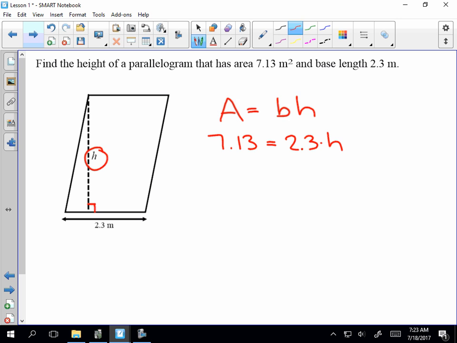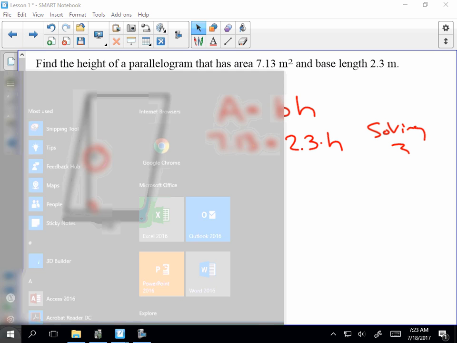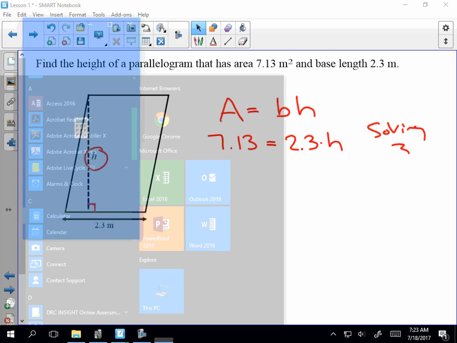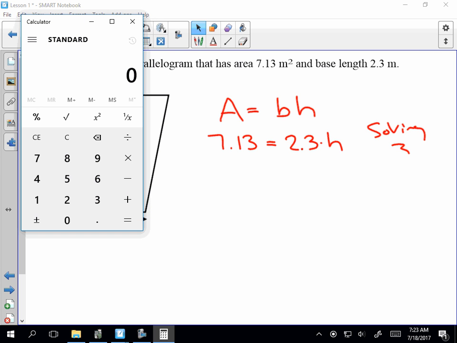So now we're getting into what we call a solving problem. And whenever we solve, we have to undo the operations to get the variable by itself. Okay, when we're solving this situation, we have to undo the multiplication by 2.3.